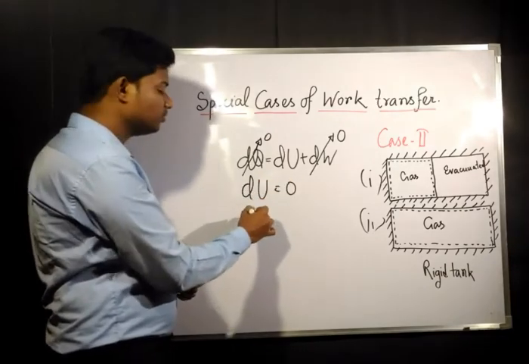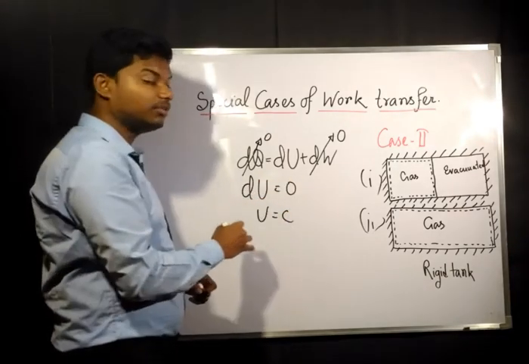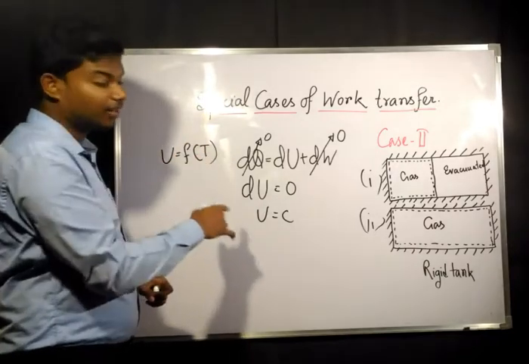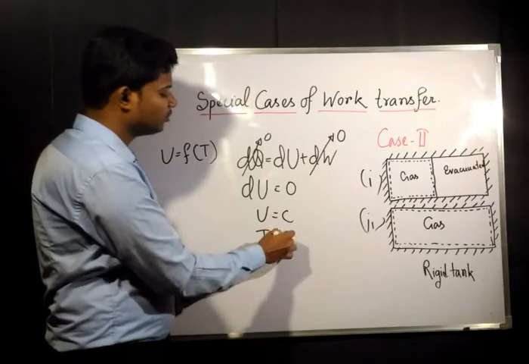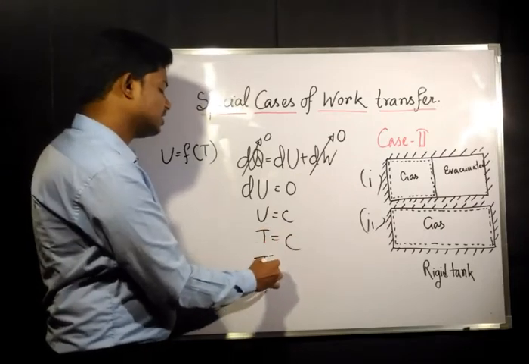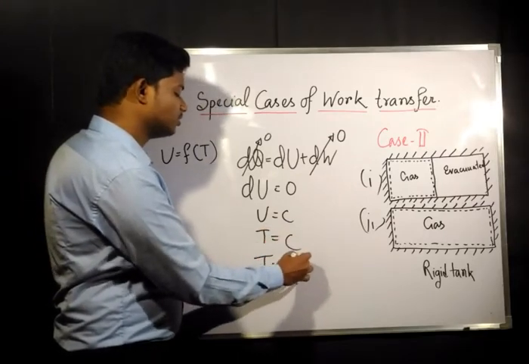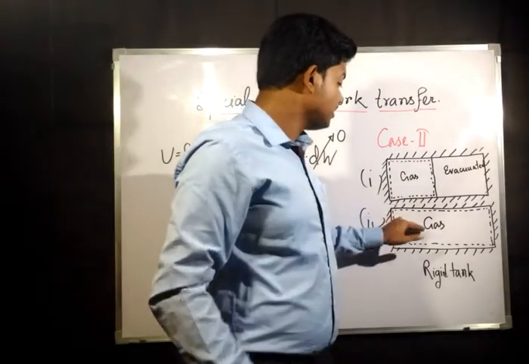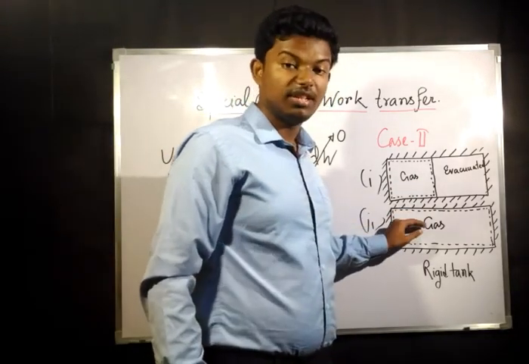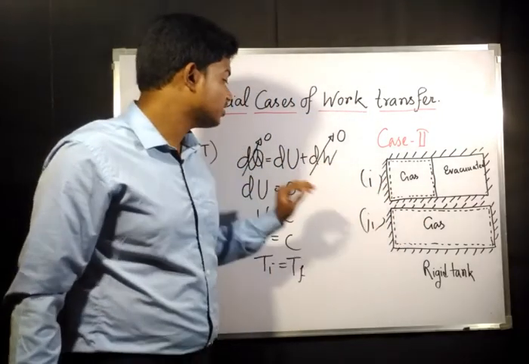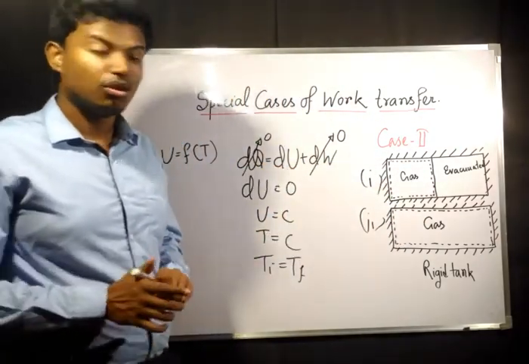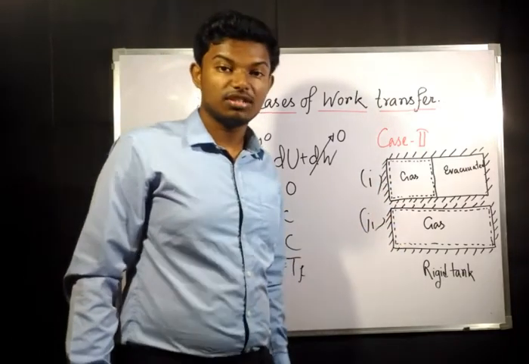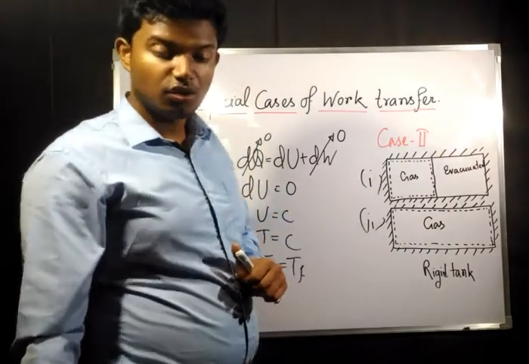That means U is constant. U is a function of temperature, so if U is constant, then T is also constant. That means the initial temperature will be equal to the final temperature. Since there is no work transfer and no heat transfer, internal energy is constant, and since internal energy is constant, temperature will also be constant.